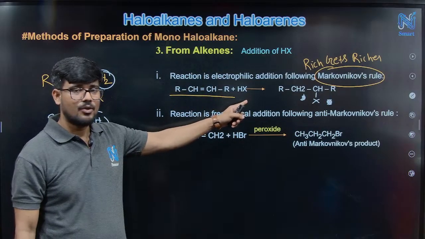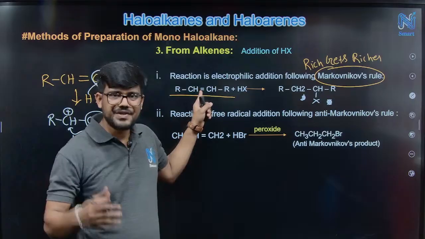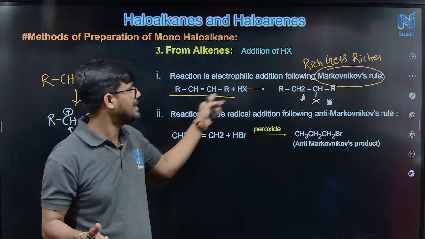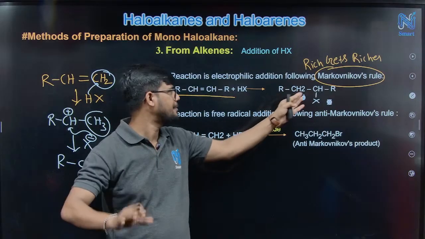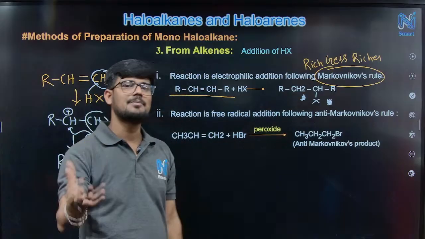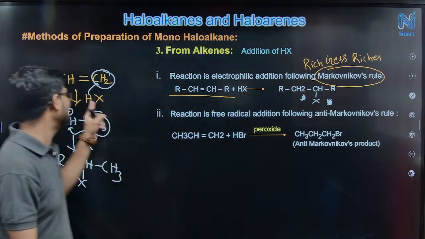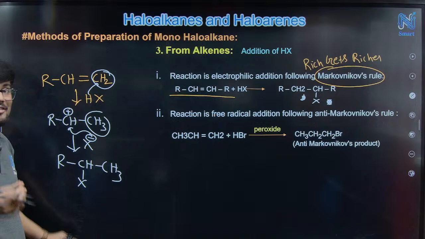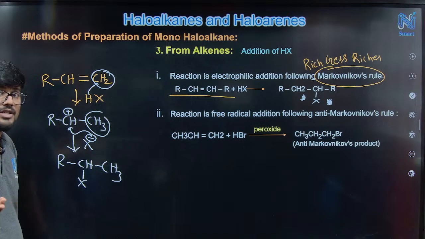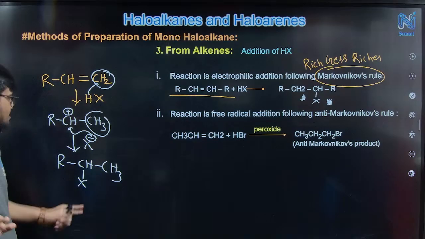Very easy. If we have a symmetrical alkene, then no problem. If you add X here and hydrogen there, or the opposite, in both cases you will get the same product. But if it is unsymmetrical like this, then you have to think: the carbon having more hydrogens will get the hydrogen from HX.